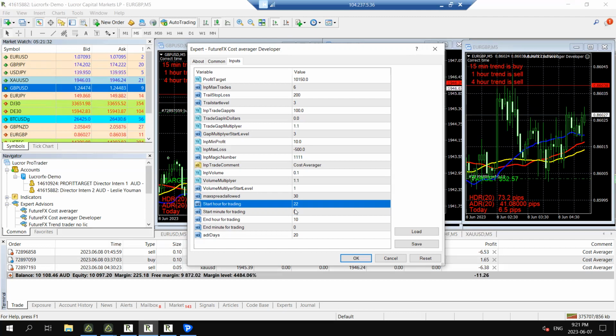If there's already an initial trade open, it can take out the extra levels, the cost averaging positions. But once a set of trades closes, if you're in that 12-hour period, it won't open any new trades at all. Just remember, if an initial trade is already open and it gets past 1000 hours, it will still be able to open those extra cost average positions.